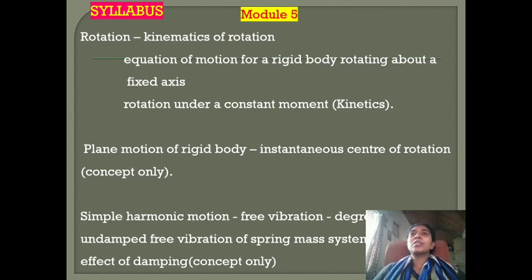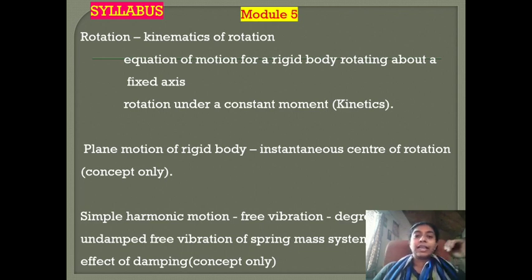In the fourth module we studied rectilinear motion and curvilinear motion. There we studied kinetics and kinematics of rectilinear and curvilinear motion. Here we are going to study kinematics and kinetics of rotation motion and simple harmonic motion, that is vibration.